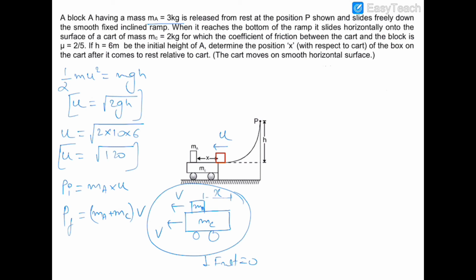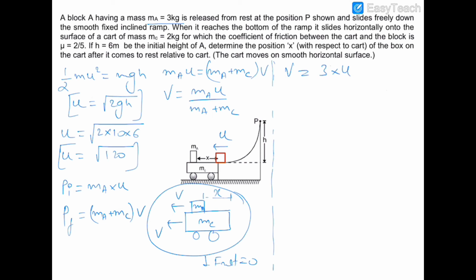So ma into u is equal to ma plus mc into v, and therefore v will be equal to ma u upon ma plus mc. So v will be equal to 3 into u upon 5, which is 3u by 5. This is the value of v.